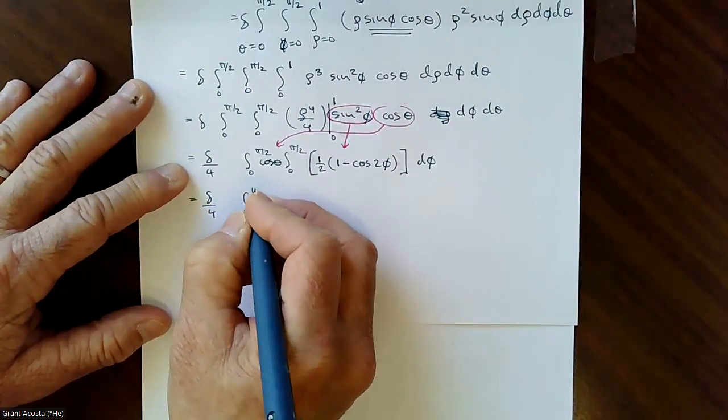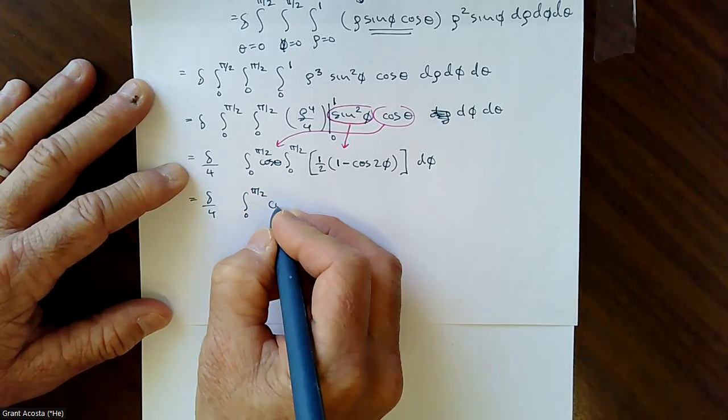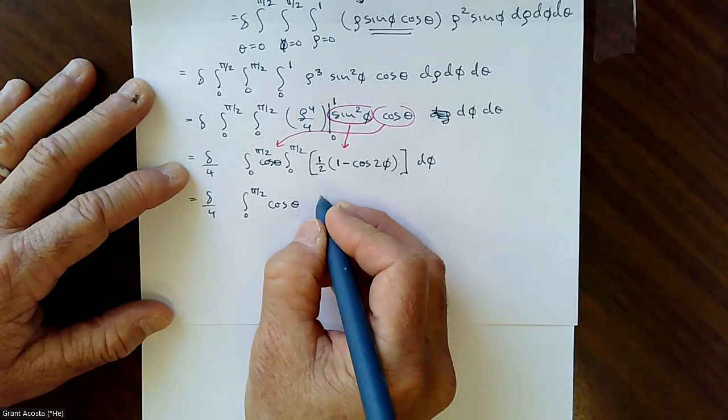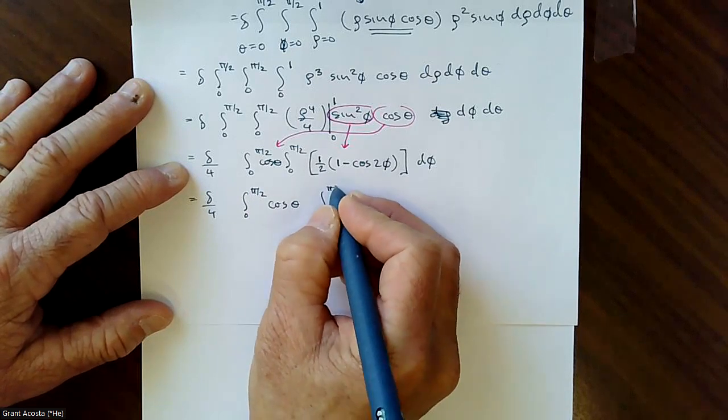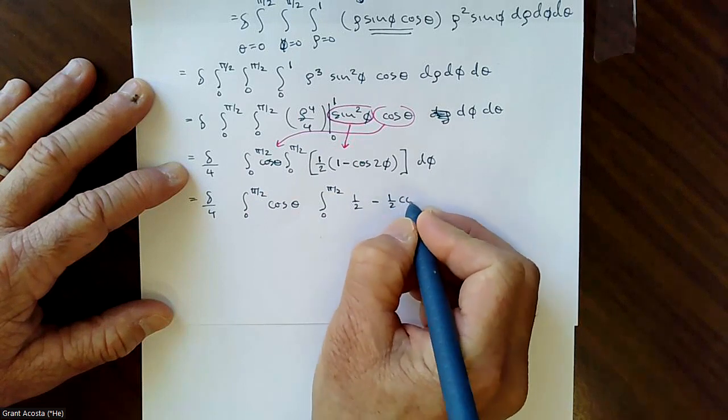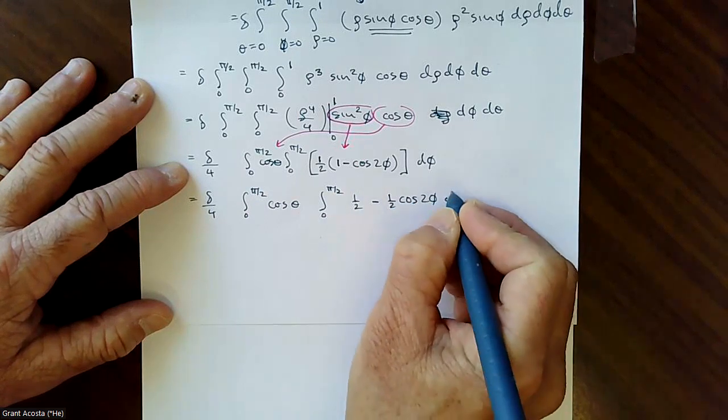So 0 to pi over 2, cosine theta is there. Let's distribute this to see how it's going to integrate: 1/2 minus 1/2 cosine 2 phi.